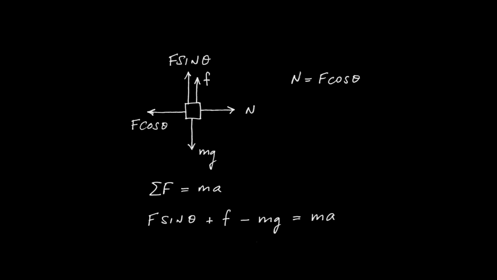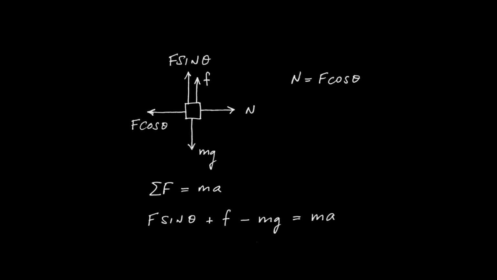Make that realization. And yet I'm told that the block stays in position. There has to be an explanation for that. The explanation is that there is a static frictional force directed upward that, together with the F sine theta force, supports the weight of the object so that it doesn't fall.